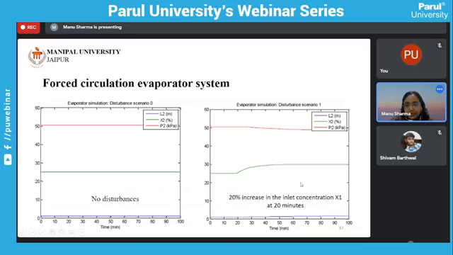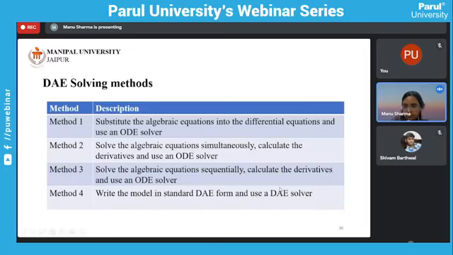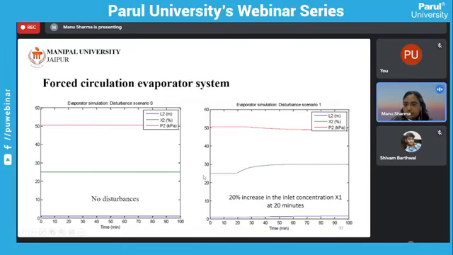If the inlet concentration of the desired product is increased, obviously the composition at the outlet will increase. So this green colored curve indicates that after 20 minutes the output concentration has started changing, and after around 60 minutes, the concentration has become constant. So we can predict how the output concentration will change if there is a 20% change.